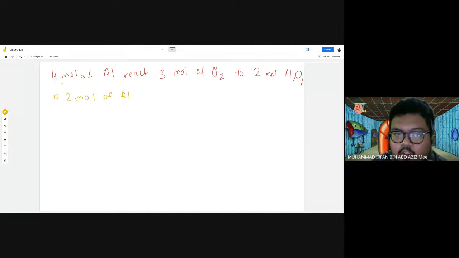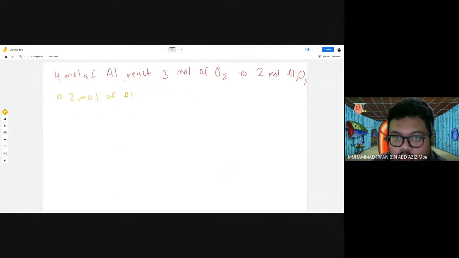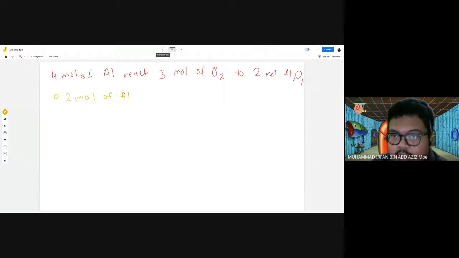Okay, the base from the chemical equation, 4 mole of aluminium will produce 3 mole of O2 and 2 mole of Al2O3. This ratio ni cannot be changed lah, memang dia akan sentiasa sama. The ratio will always be same for this chemical equation. So you can just use the ratio to calculate the number of mole.